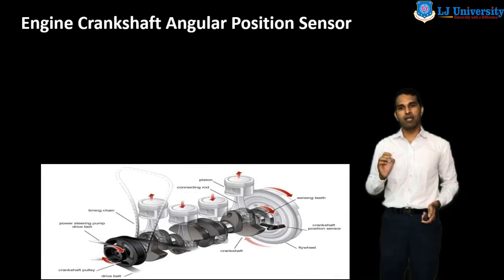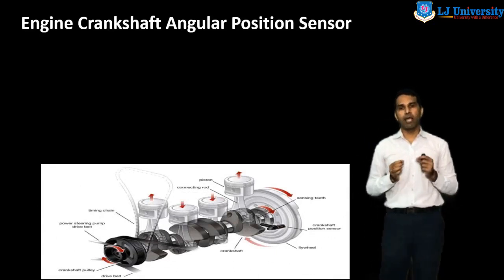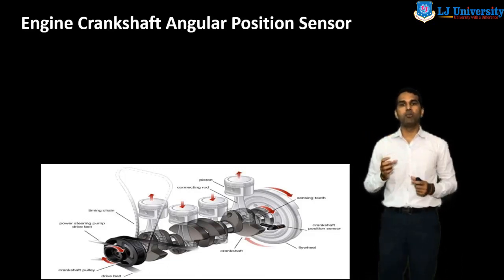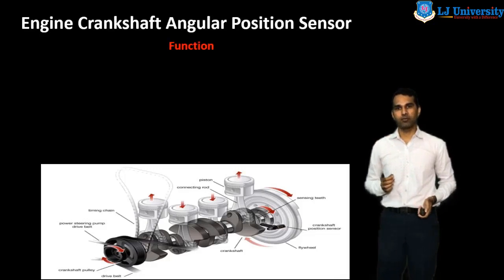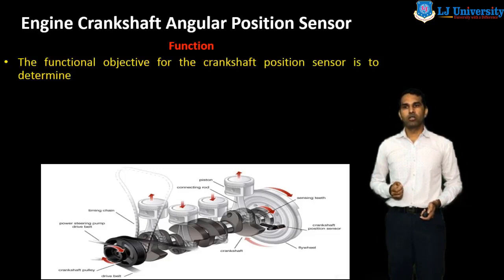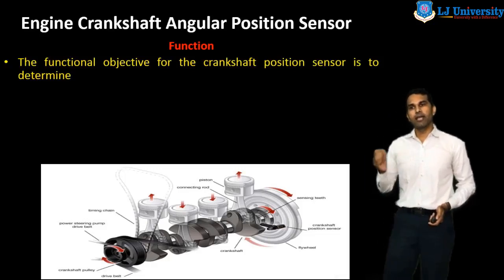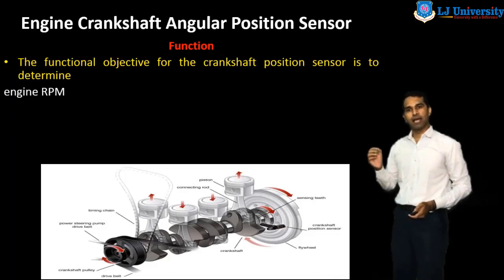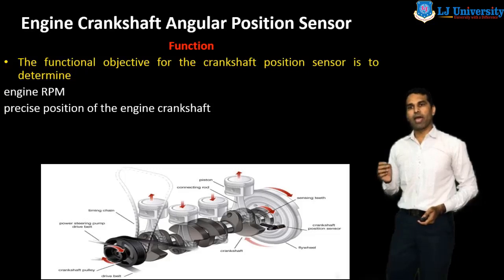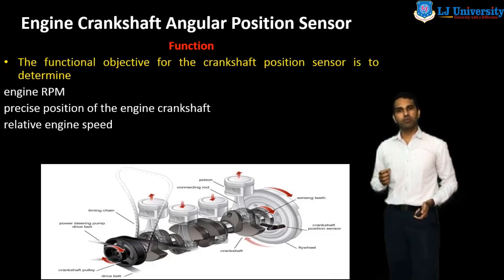As the name indicates, the function of this sensor is to provide information about the angular position of the engine crankshaft. The functional objective of the crankshaft position sensor is to determine the engine RPM, the precise position of the engine crankshaft and the relative engine speed.